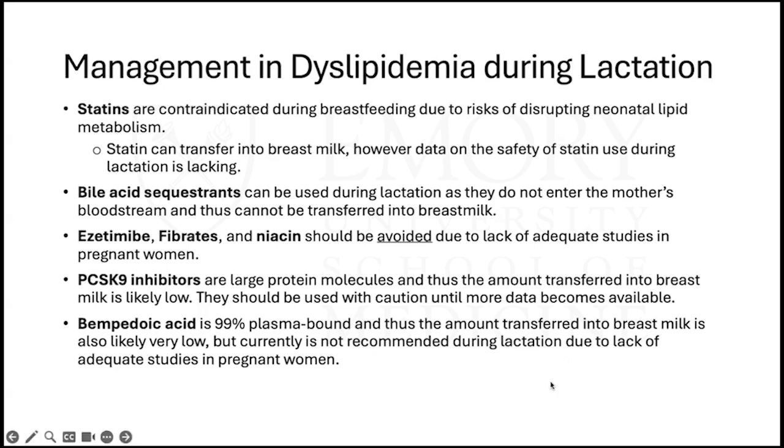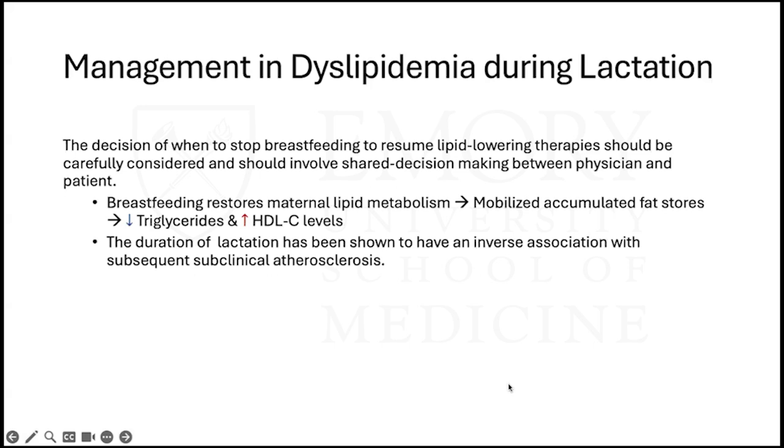And so I guess a big question that people have is, given that we have a lot of formulas available, can we just advise patients who are at high risk for cardiovascular disease or have FH to just skip the breastfeeding in general? But I think it's more complicated than that, because one of the things you have to remember is that breastfeeding itself can assist in restoring maternal metabolism. Essentially, it mobilizes accumulated fat stores, which then leads to a reduction in triglyceride levels and an increase in HDL levels.